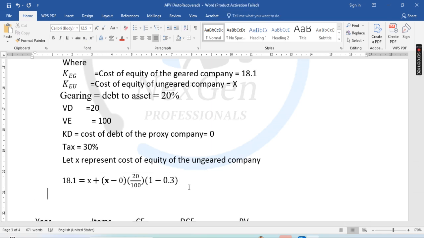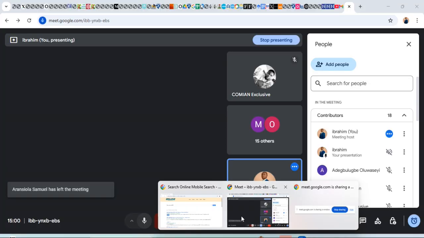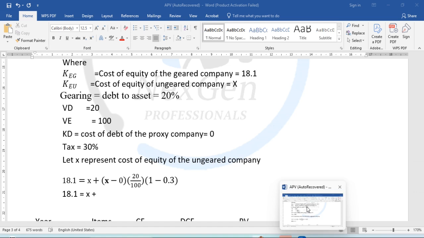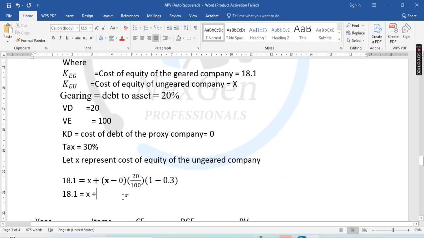So we can move on: 18.1 equals X plus this. So X minus 0 is what? X minus X is 0. X.